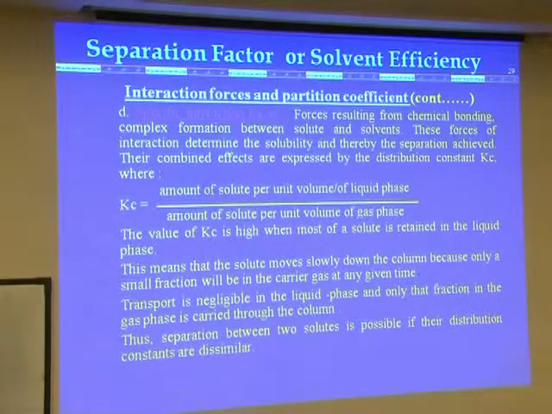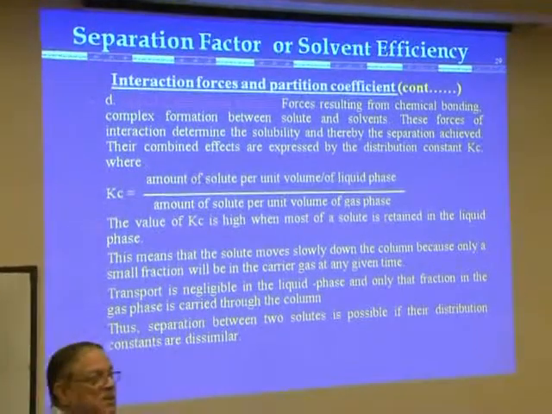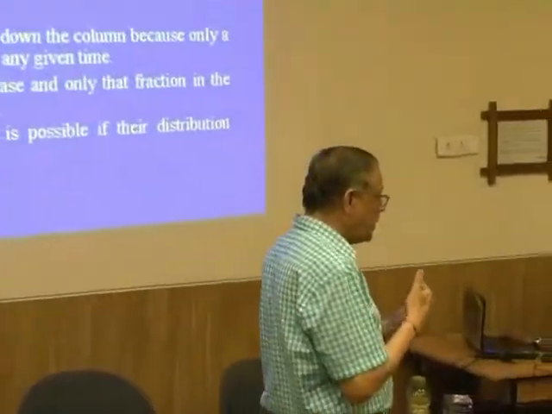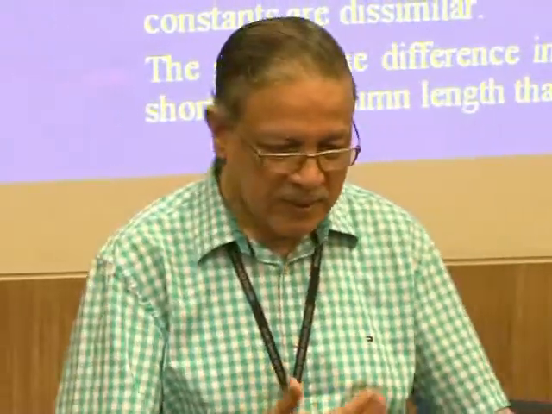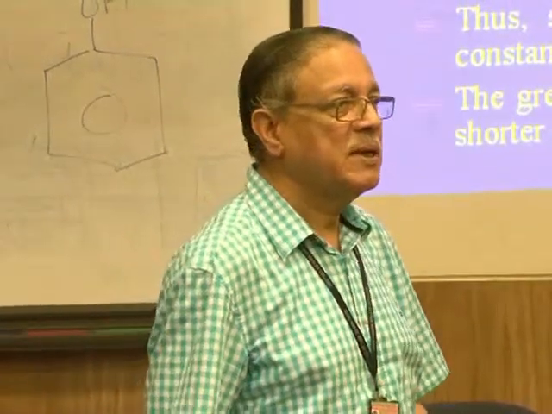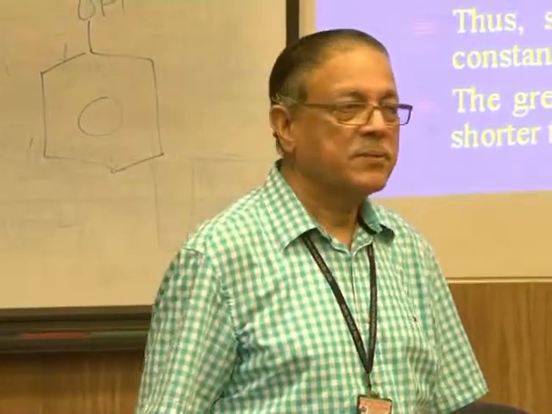Thus, separation between two solutes is possible if their distribution constants are dissimilar. Obviously. So you may be realizing now that whatever we have discussed during theory of chromatographic separation is almost repeated here. And that is the beauty of first learning the theory of chromatographic separation and then going to the specific applications of separation by GC or by other techniques of chromatography.